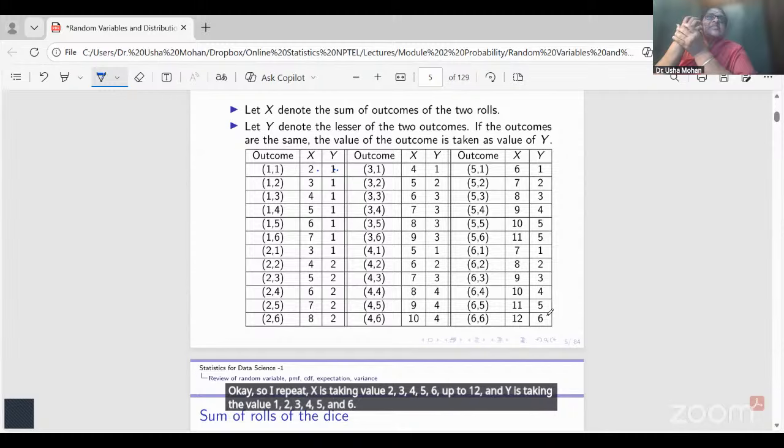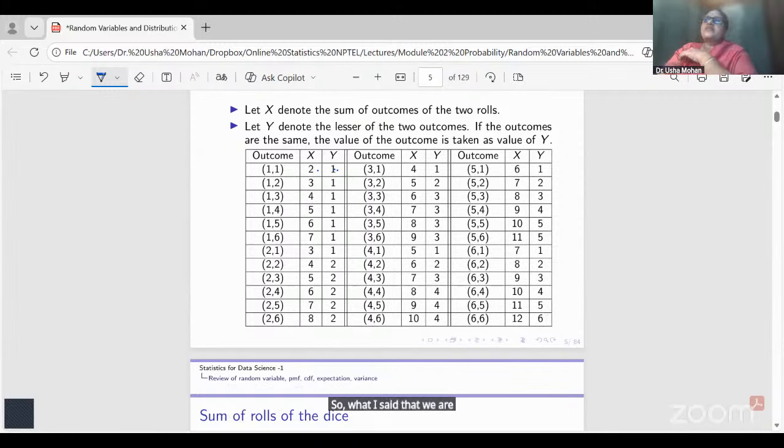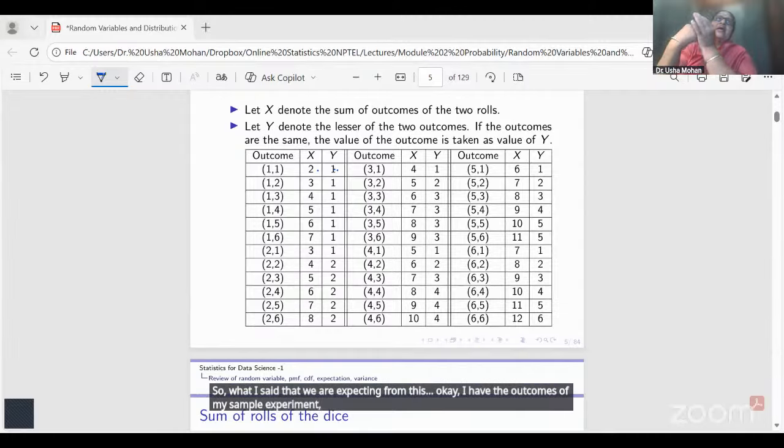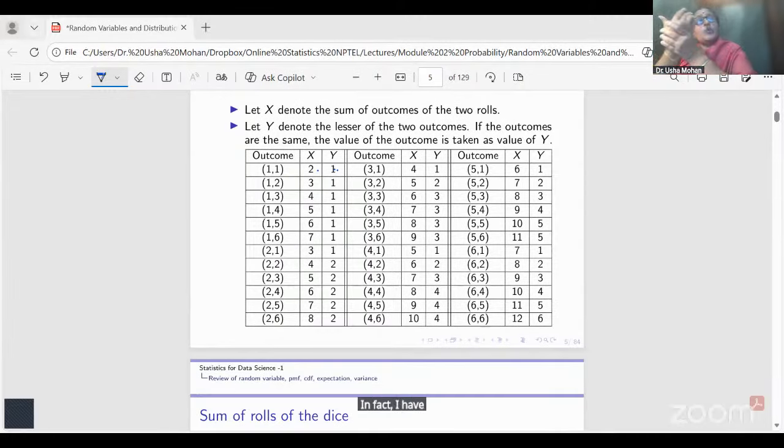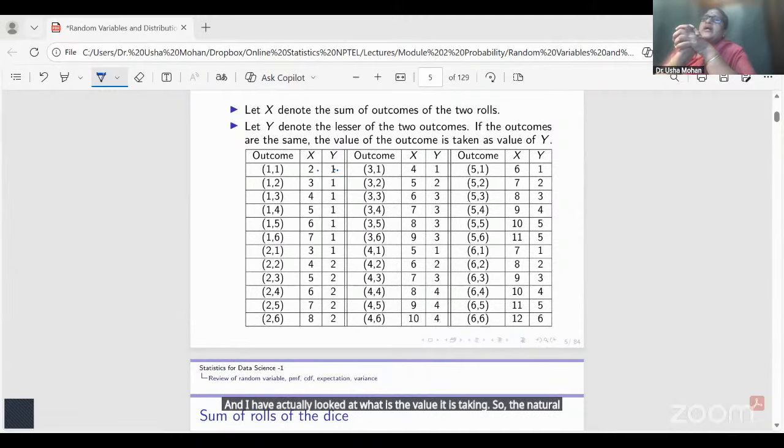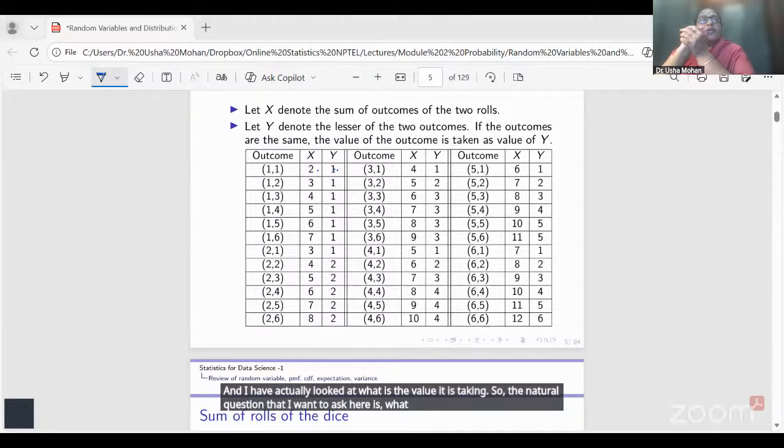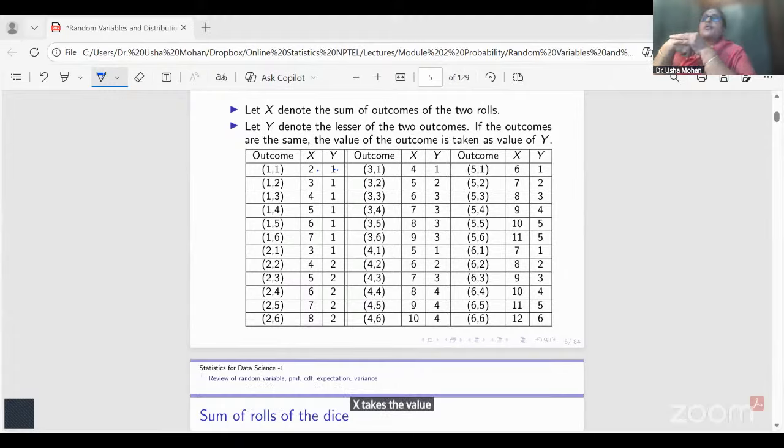So what is it that we are expecting from this? I have the outcomes of my sample experiment and I have looked at the value it is taking. So the natural question that I want to ask here is, what is the probability with which x takes the value 2 or the probability with which y takes the value 1? If I look at x taking the value 2, I see that there is only one outcome where x takes the value 2.